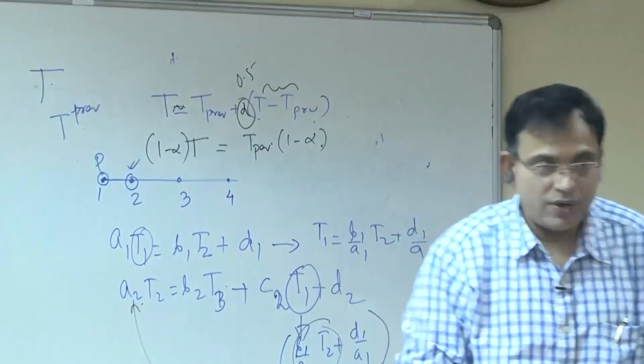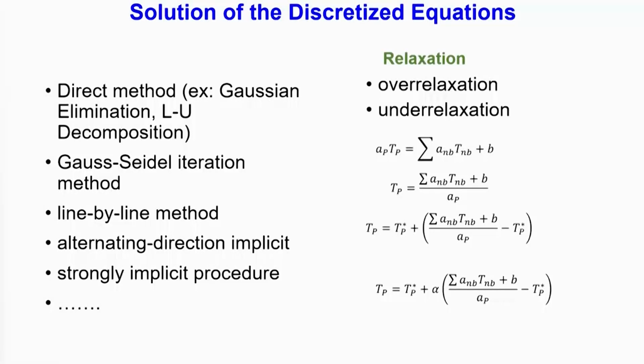So that alpha is called the relaxation factor. That is how your method can be applied with an iterative scheme, that is what is given here. This is of course the discretized equation, but the concept I have given through a simple equation.